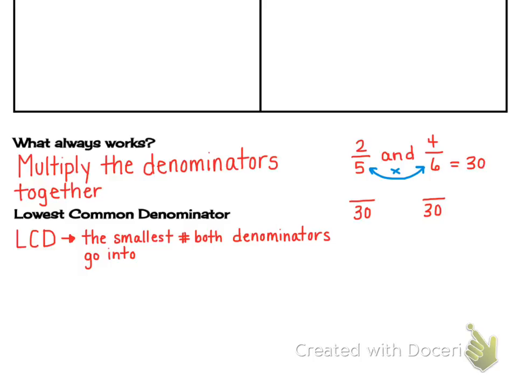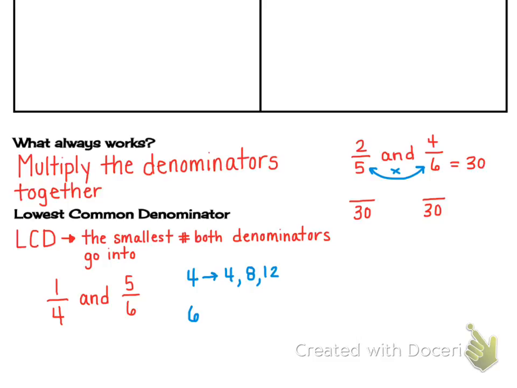Let's say we're looking at the two fractions 1/4 and 5/6. And I don't want to just do 4 times 6 is 24 and use that. I want to find the lowest common denominator. What you actually do is you write the multiples of both of the denominators. So I have 4 as one denominator and 6 as the other. So I'm going to write my multiples of 4, which is 4, 8, 12.